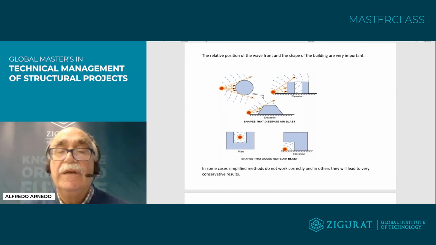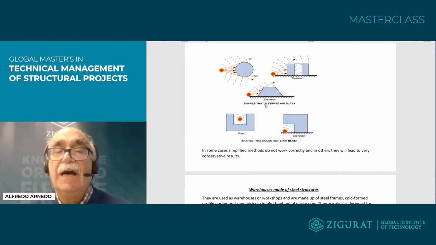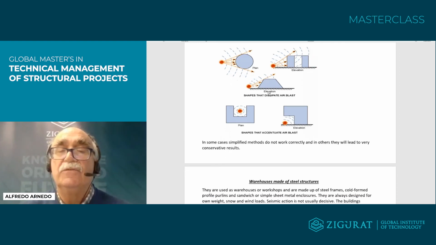Here in this figure, we have this relative position, and we can see that in plan this round shape is an advantage, because only a part of the facade is affected, and when we have another part of the building behind the first one, we have a minimum effect. Another point is sloping the facade to reduce the direct forces. These are advantageous situations, but difficult to construct.